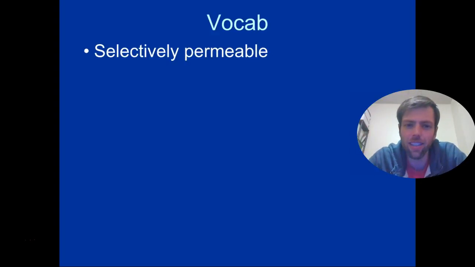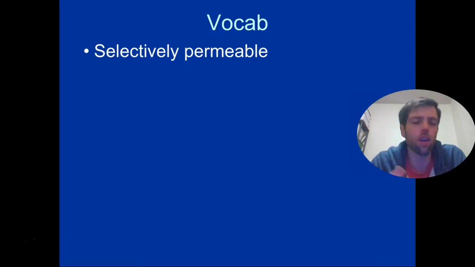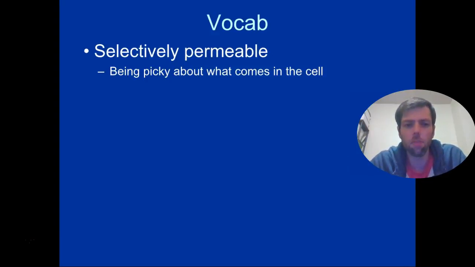And permeable is to penetrate. If I can permeate something, if I can go through it, think of dry fit clothing, it'll let air permeate through, but not water. So selectively permeable means being picky about what comes in and out of the cell. That is what your cell membrane is.